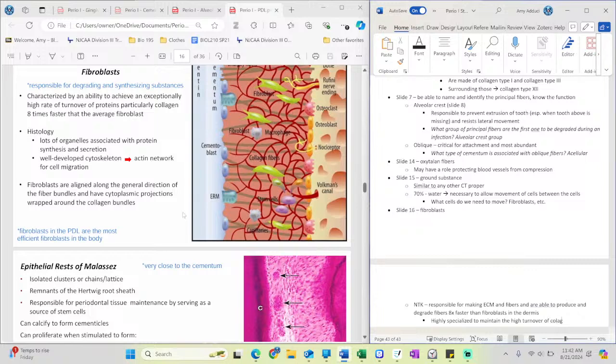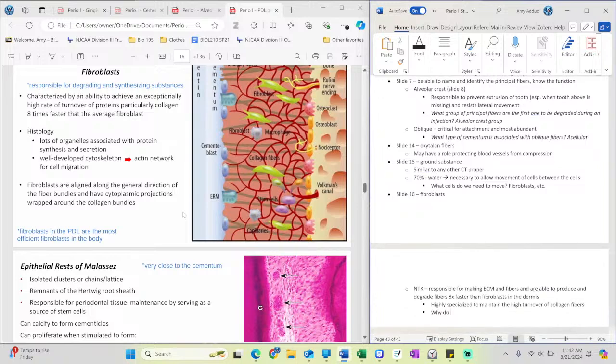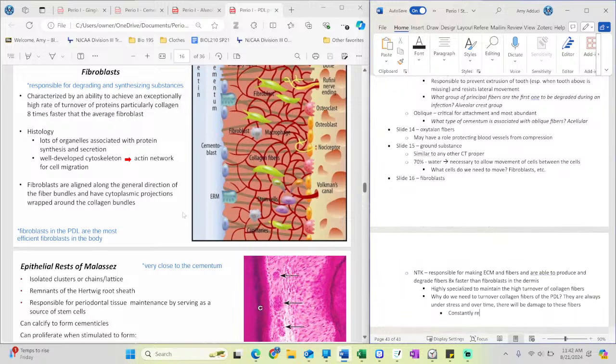Why do we need to turn over our collagen fibers from the PDL? Because they are always under stress, and over time there is going to be damage to these fibers. So we are constantly renewing them to keep the function of the PDL as best as possible.